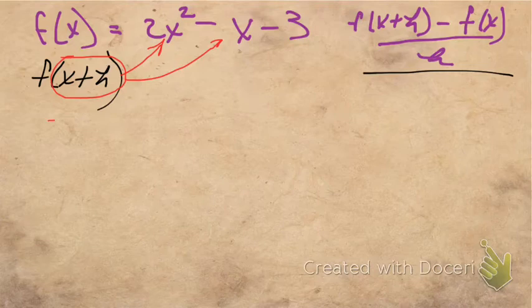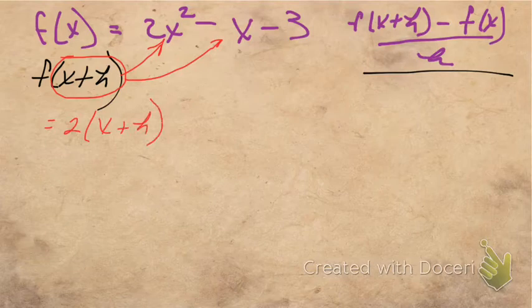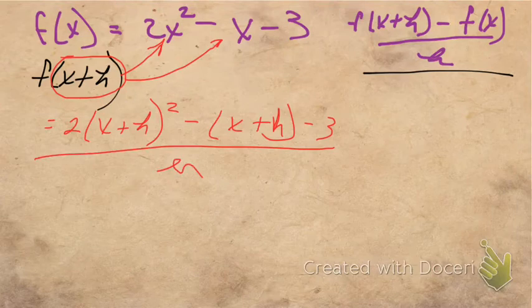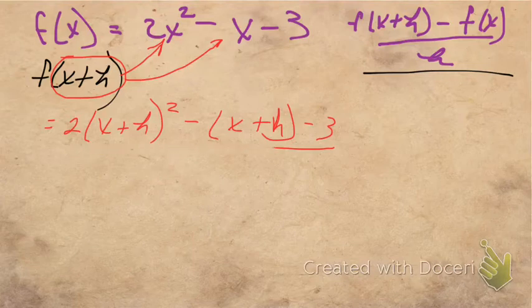So this is going to look like 2 times (x plus h) squared minus (x plus h) minus 3. That's going to be all over h eventually, but right now let's just leave it as finding f of x plus h. So that whole thing there in red is our f of x plus h.